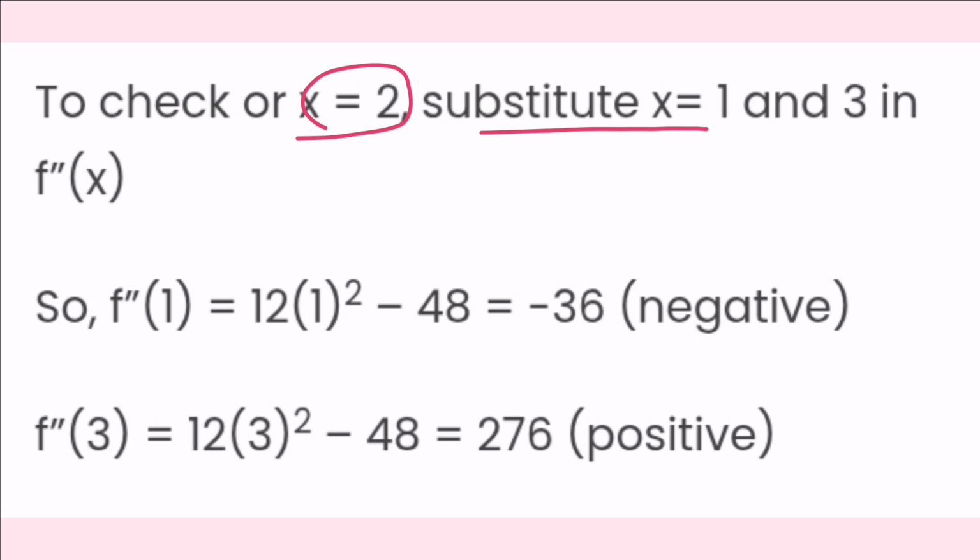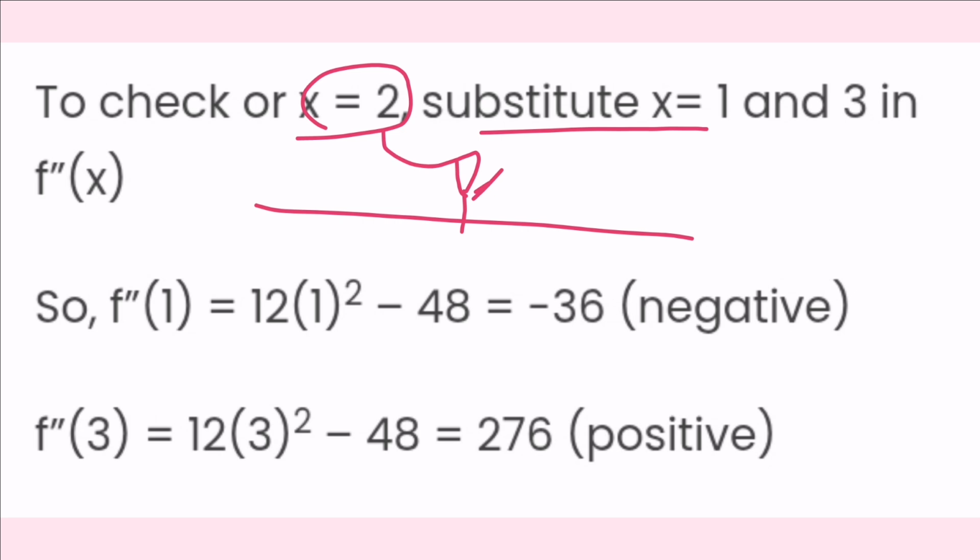Because if x is equal to 2 is the point on the number line, then x equal to 1 and x equal to 3 are the 2 points to the left side and the right side from x equal to 2.